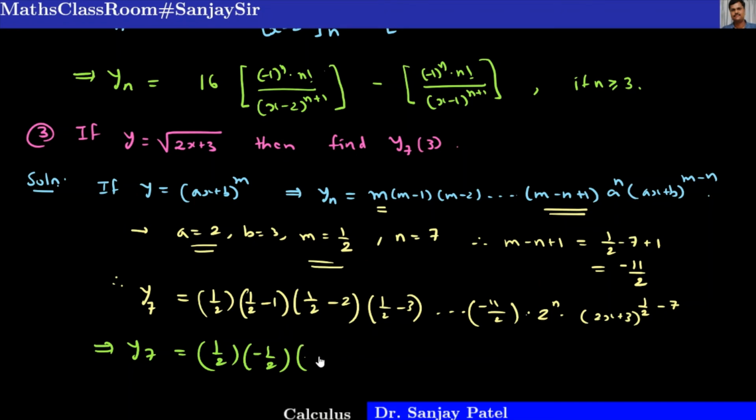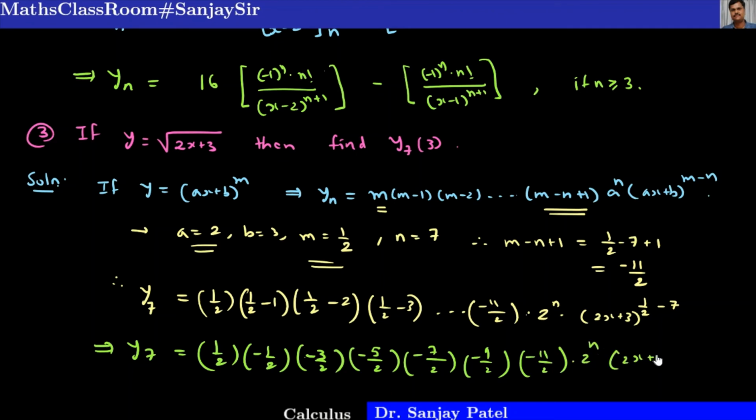So minus 1 by 2 minus 1 is minus 3 by 2. Minus 3 by 2 minus 1 is minus 5 by 2. Then minus 7 by 2, minus 9 by 2, and minus 11 by 2, into 2 raised to n into 2x plus 3 raised to, this is minus 14 plus 1, so it is minus 13 by 2.